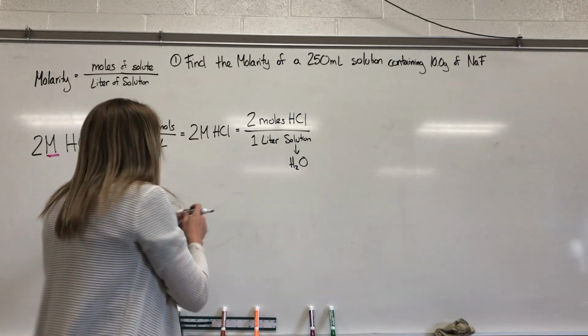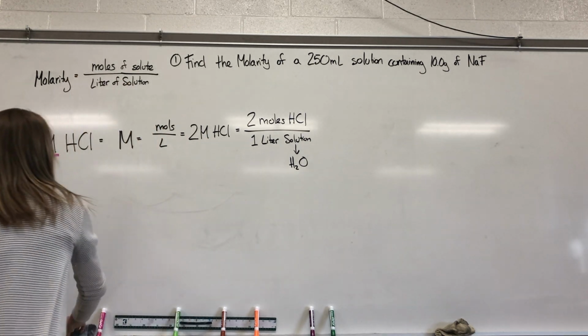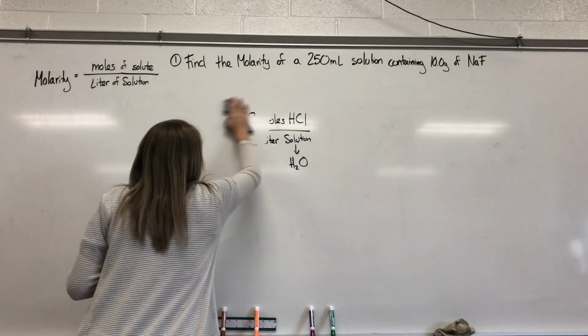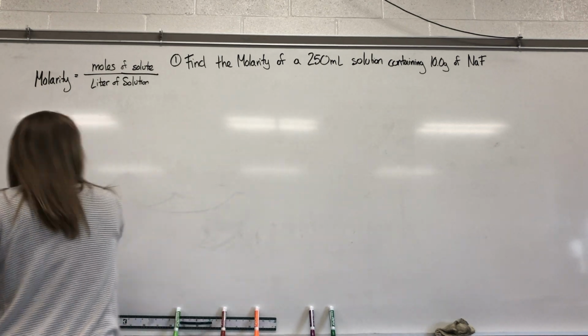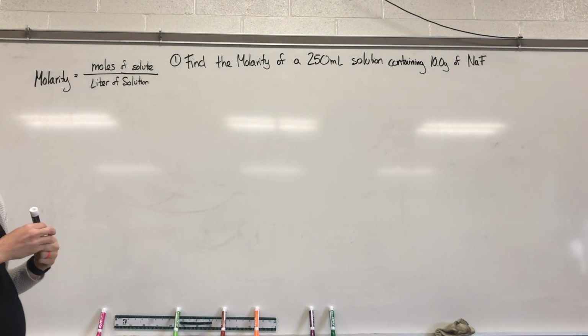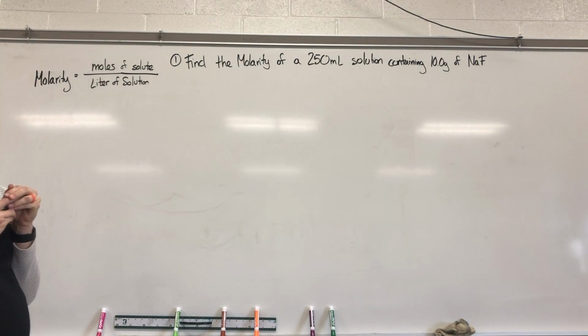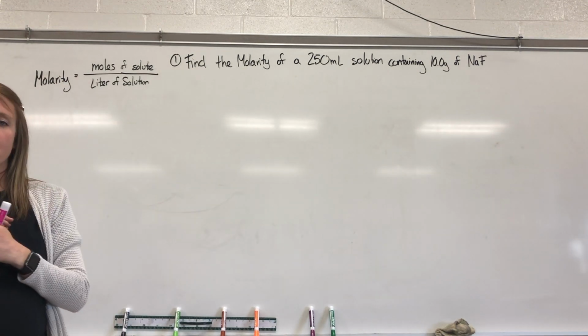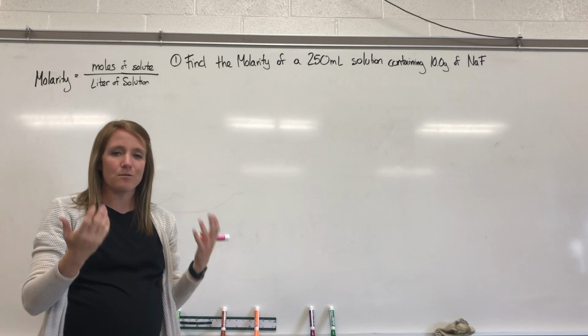All right, let's take a look at the first problem of how we can find the molarity of something. Our problem says: find the molarity of a 250 milliliter solution containing 10 grams of NaF. Just like before, when you're problem solving, the best thing is to identify what you're trying to find.